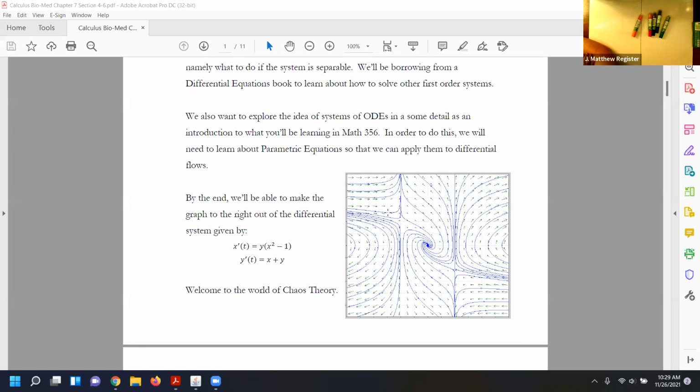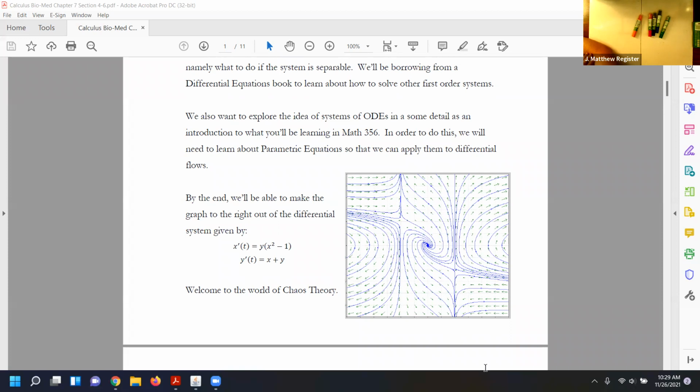Doing graphs in as much detail as this is really something which occurs in chapter 10. And in chapter 10, you'll be able to do much more analysis because chapters 7, 8, and 9 are all building up to the idea of understanding models like this. And also, welcome to the world of chaos theory. We've said it before, we'll say it again.